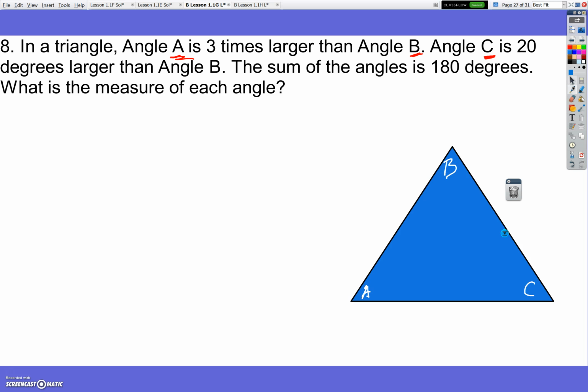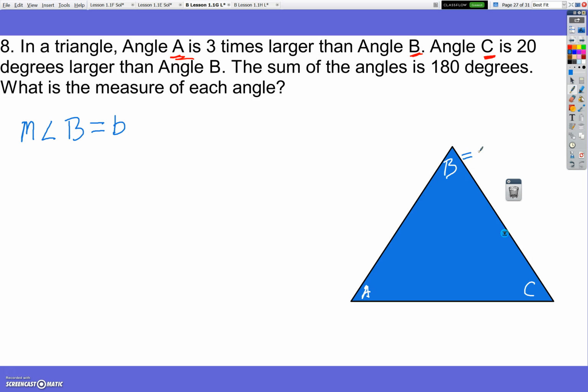So everything is being compared to angle B. So if we look at this, this is how we write this in geometry. We have the measurement of angle B. This is how we write it. Instead of writing measure of angle B, it's the measurement of angle B. And since everything is being compared to the measurement of angle B, I'm just going to put a variable B here.